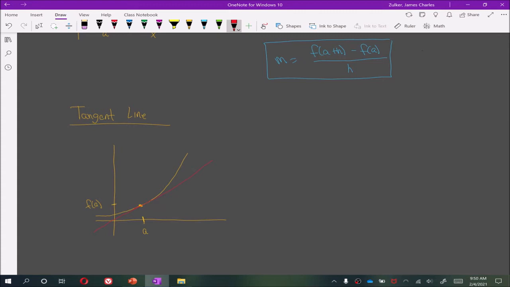Alright, so it doesn't look like it, but it's only intersecting at that one point. Right, so it's just touching the curve at that point. So this is the tangent line.